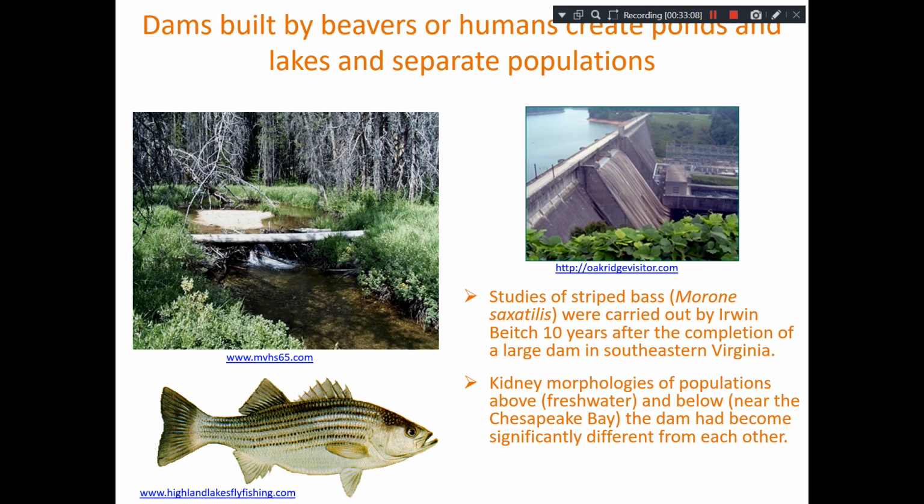Here, the study of one particular fish, the striped bass, was carried out by Irwin Biotech 10 years after the completion of a large dam in southern Virginia. After the completion of the large dam, he tried to understand the striped bass. It has been observed that the kidney morphologies of the population above and below the dam were significantly different from each other.